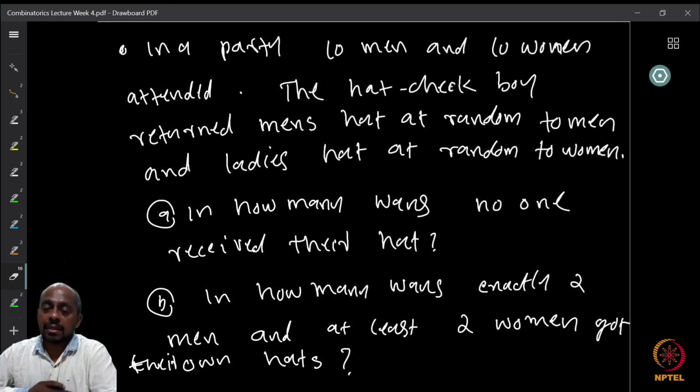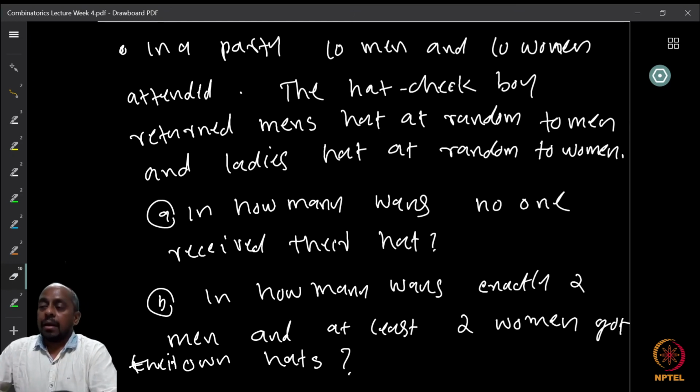Now suppose this person, just for fun maybe, gives the men's hats to men at random when they go back, not necessarily the same hat, like picking one and giving it to the first person who comes.